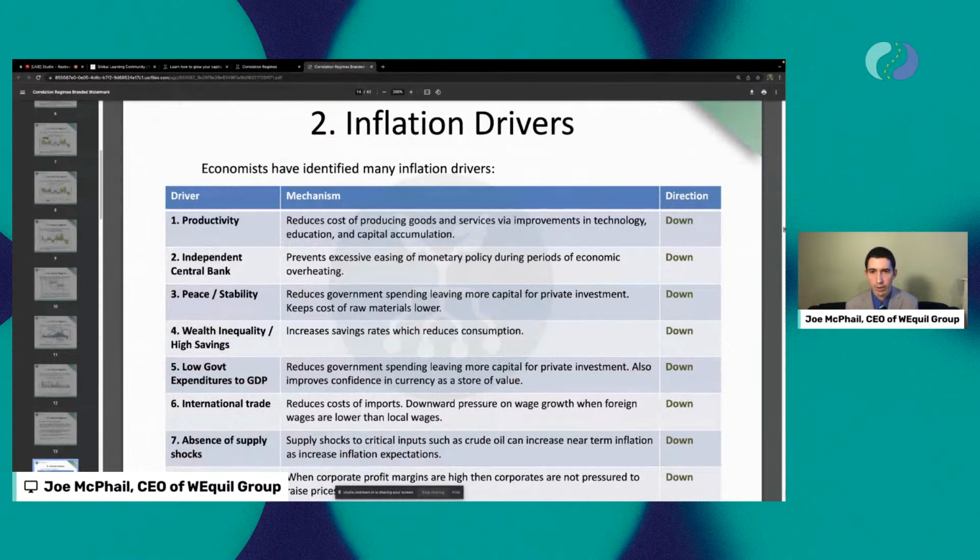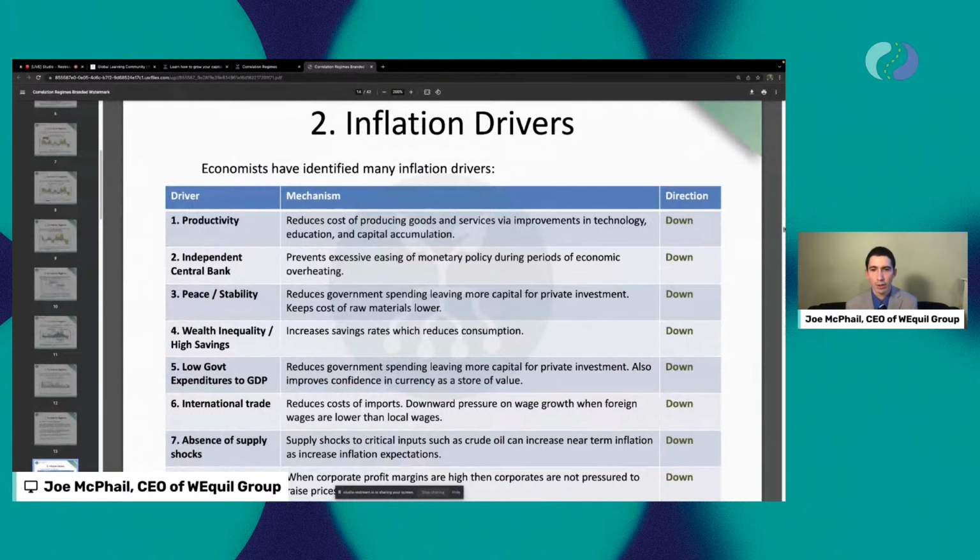So productivity, this would be essentially how productive is the labor market, like how much GDP are you getting per hour? And so improvements in technology and education and capital accumulation, all these things help with that. Independent central bank.